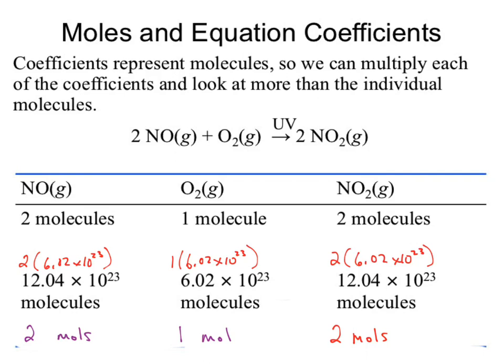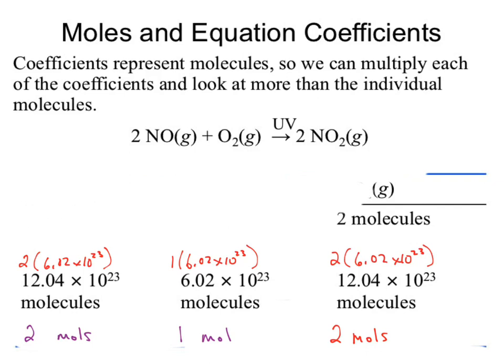If I measure out 2 moles of NO, I can weigh it. What would 2 moles of NO weigh? Okay, so let's clear up some space there. 2 moles of NO weigh. What am I solving for? Weigh. Weigh is mass. I probably want to do grams. Why do I want to do grams?